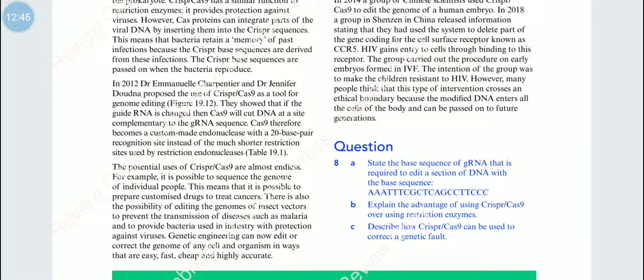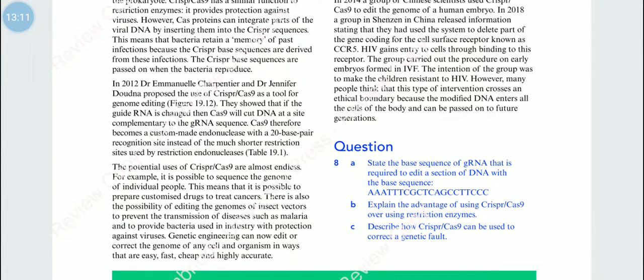We can change the genomes of insect vectors to prevent them from spreading diseases such as malaria. We can make sure that the bacteria used in industries are protected against viruses.